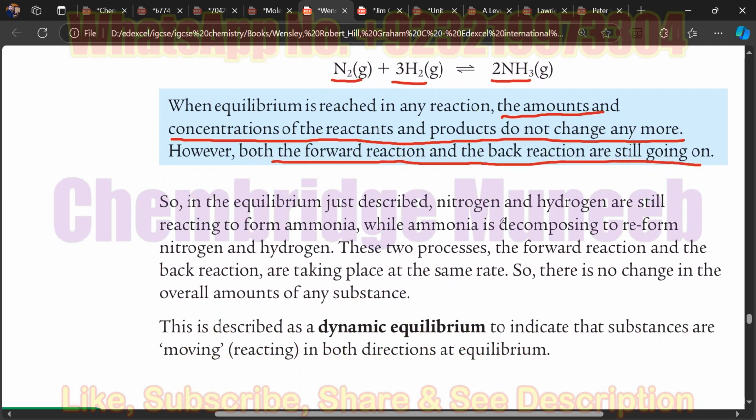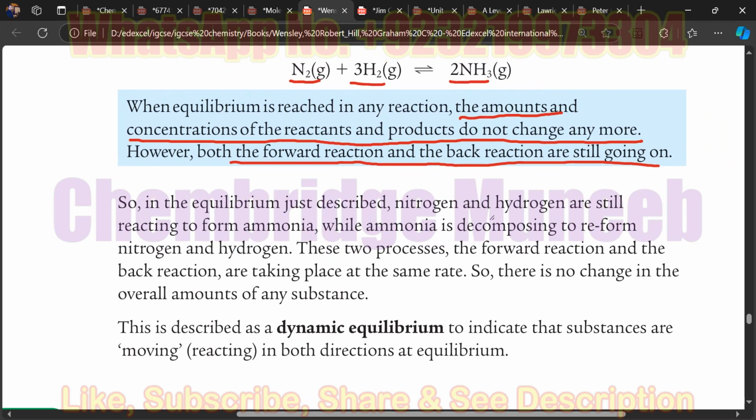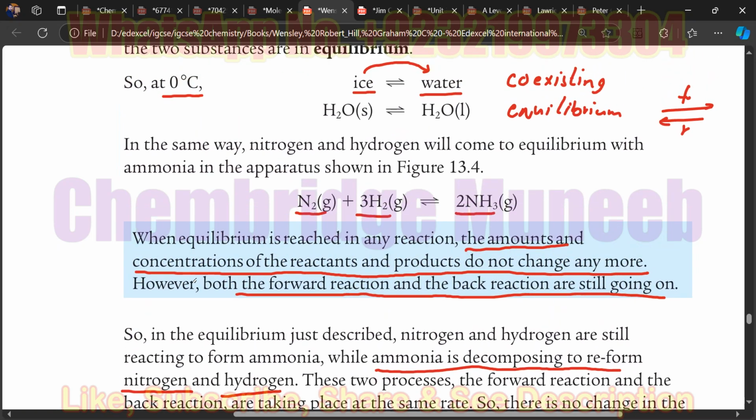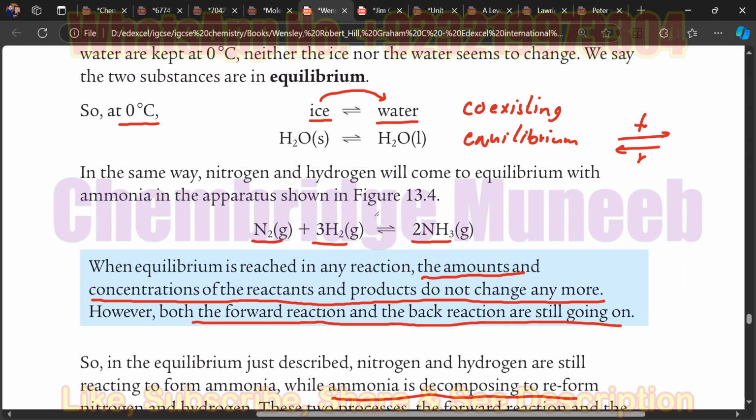We can again apply the same principle of equilibrium on this reaction: if the nitrogen and hydrogen are reacting, they form the ammonia, and the ammonia gas can still decompose to reform its constituents, nitrogen and hydrogen gases. These are the two processes being carried out at the same rate: the formation of the ammonia gas and the formation of the nitrogen and hydrogen gas by decomposition.